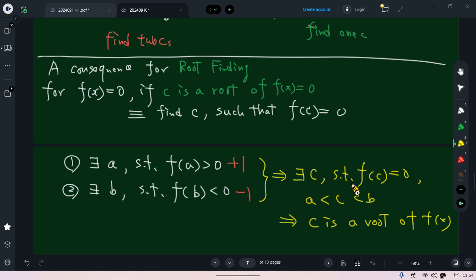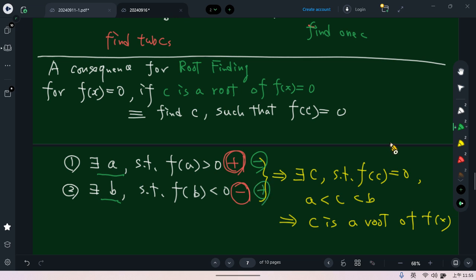Because this is positive, this is negative. Another way is, if you can find A where f is negative, then we can also find another one, B, that makes f of x positive.